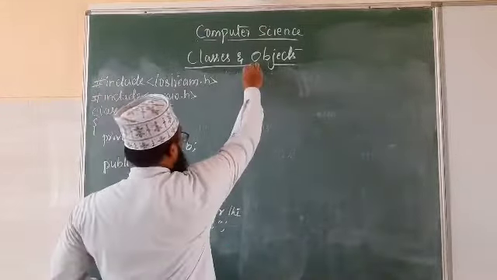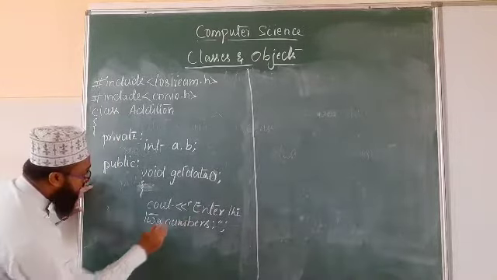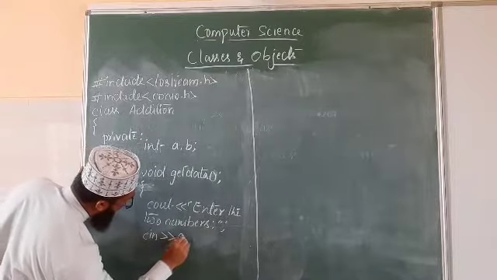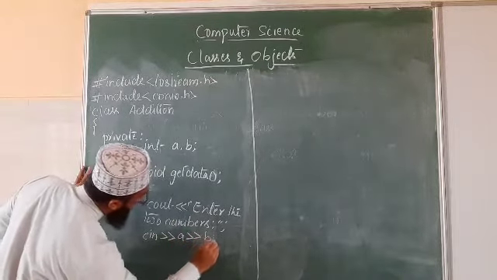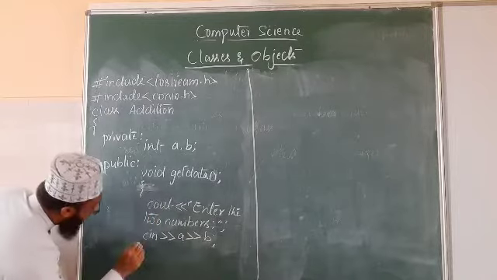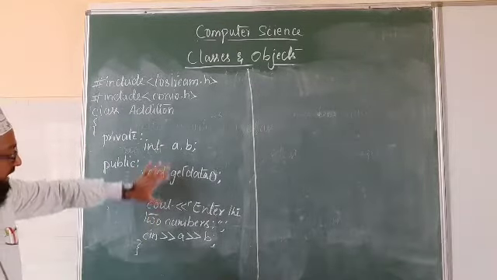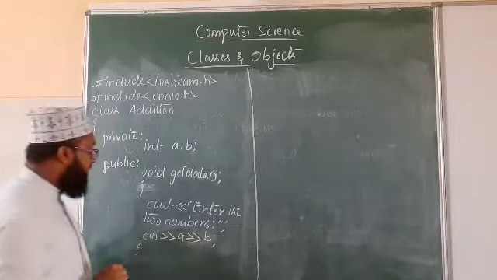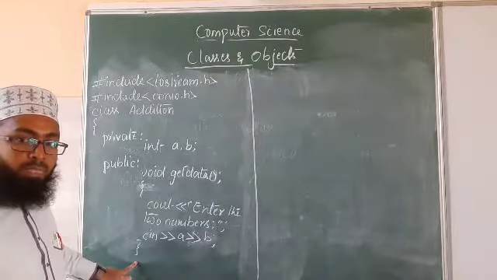Then after that, I will take input from cin, the two numbers a and b, the numbers which we have used here. Then get data, the work of this is finished. This open brace is closed here because the get data work is completed. So for that we have closed the brace, and get data is finished.